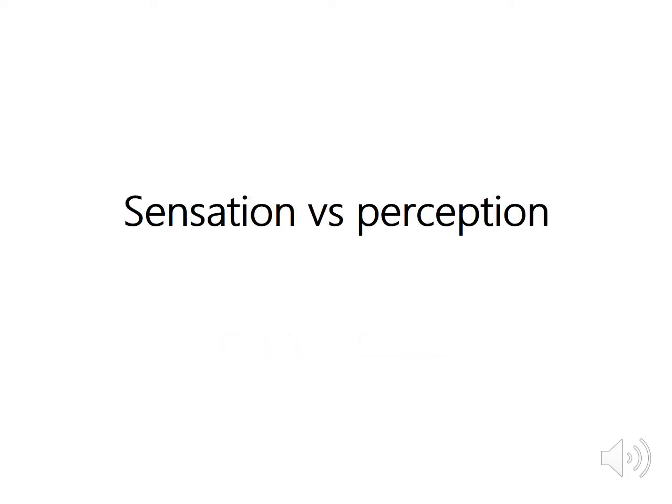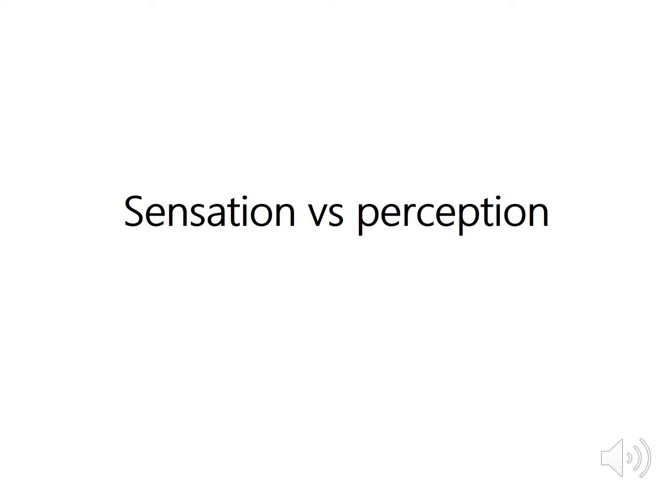So what is the difference between sensation and perception? There are two processes which are actually closely related, and they build up on one another. Sensation is the process by which the input of the physical world is received.